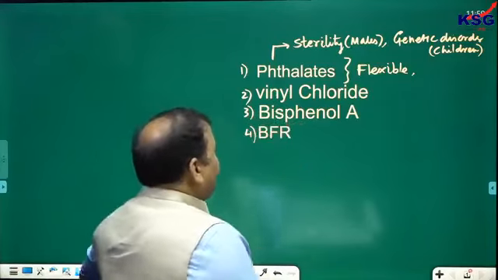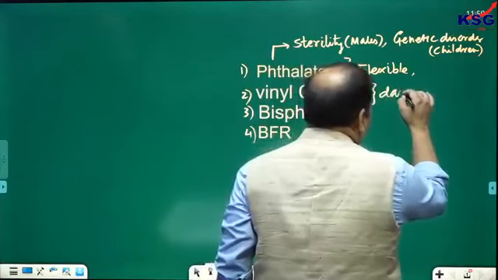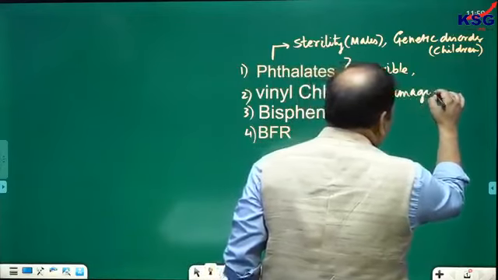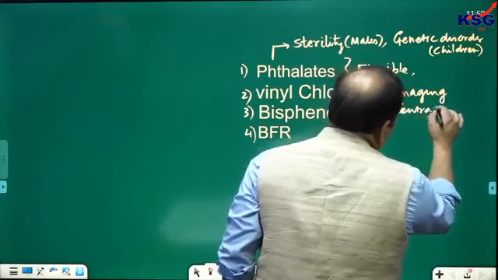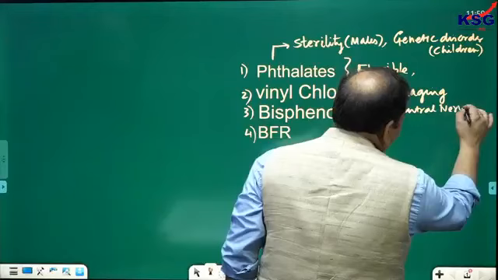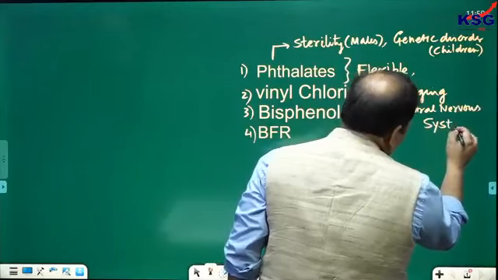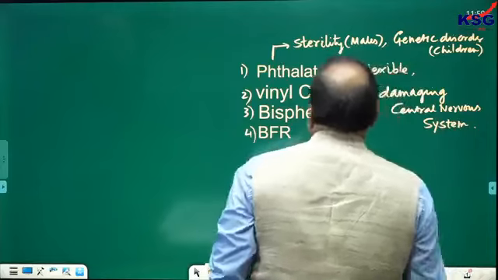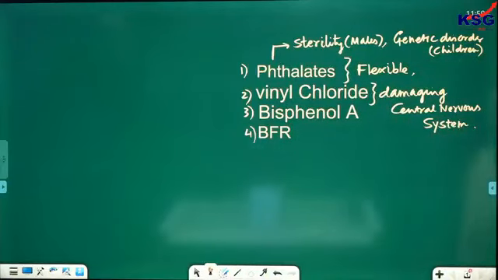Write down. Vinyl chloride is responsible for damaging the central nervous system.